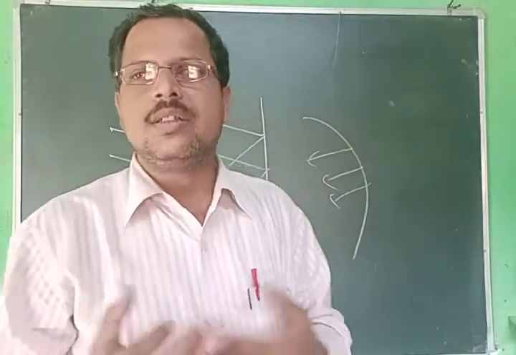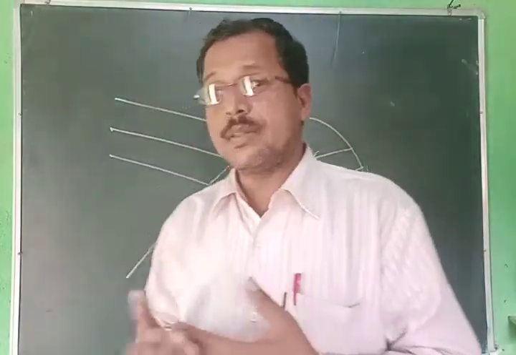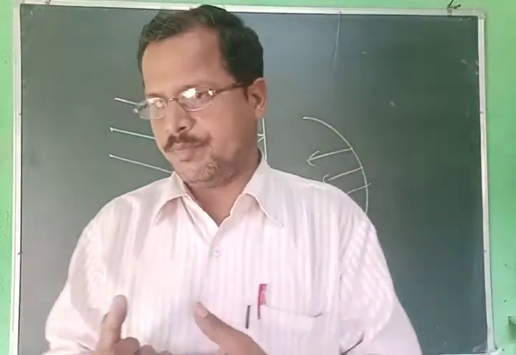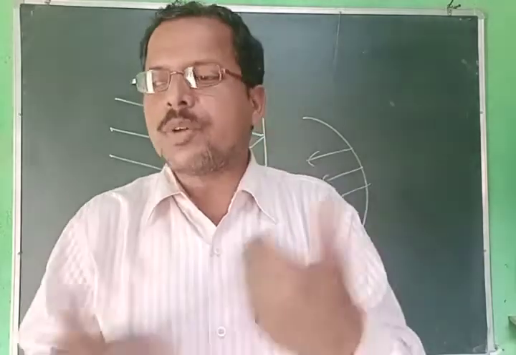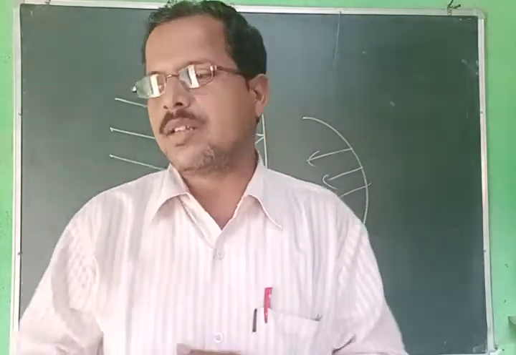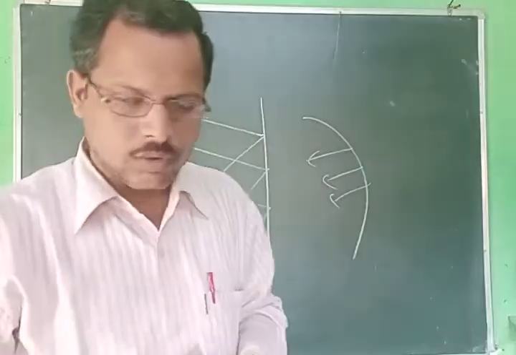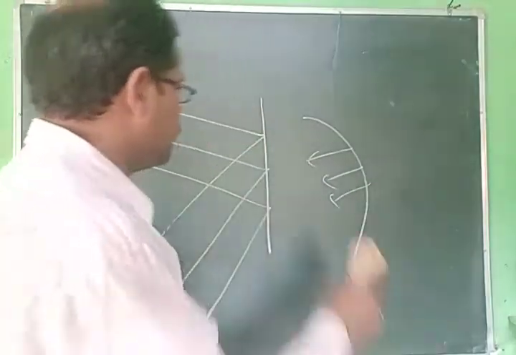What happens when light falls on a bulging part of a mirror? That is, when the reflecting surface of a mirror is bulged, the opposite of concave, that is convex, then that is said to be a convex spherical mirror.